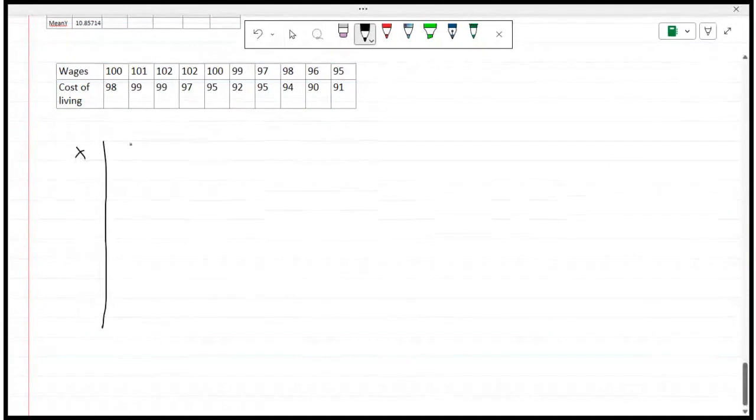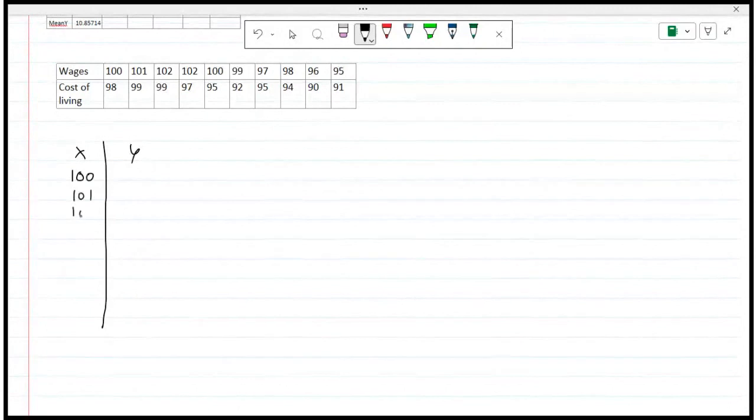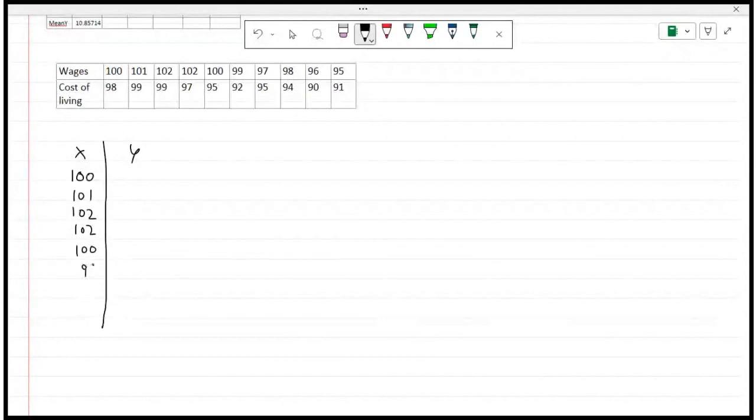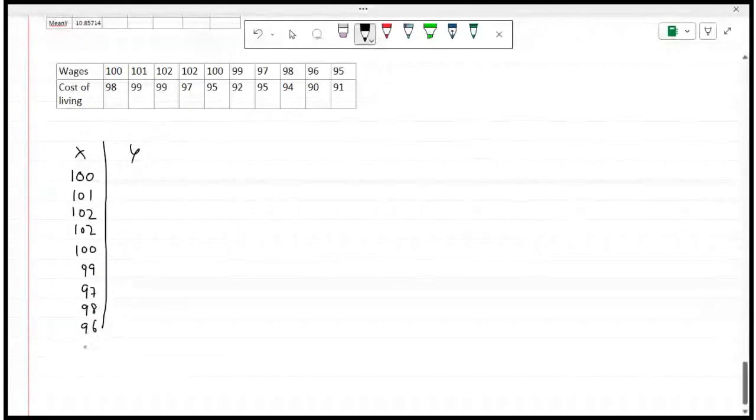So x values are, you can take any value as x, any value as y, it does not matter. So 100, 101, 102, 102, 100, 99, 97, 98, 96, 95.